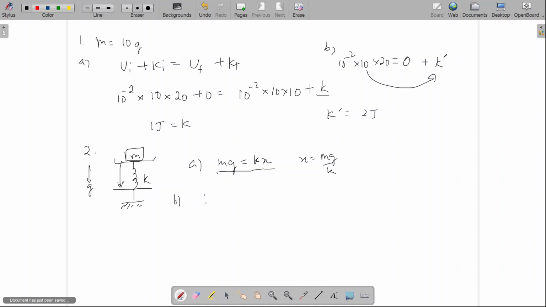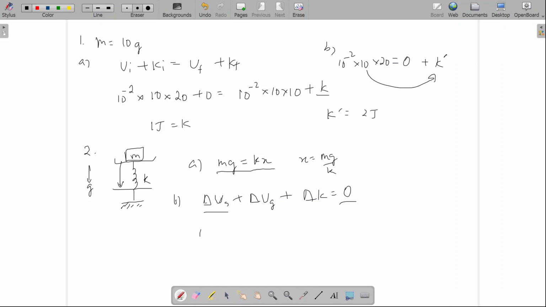So we can write the energy in different forms. That is, the change in spring potential energy, plus the change in gravitational potential energy, plus the change in kinetic energy is 0. That is the law of conservation of energy. The sum of changes remains 0.